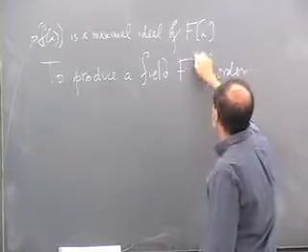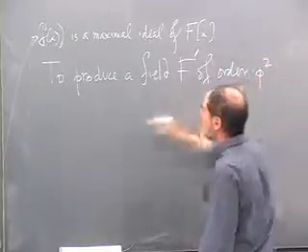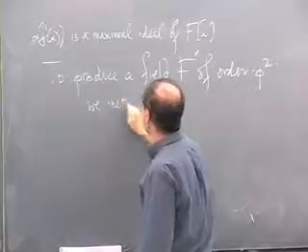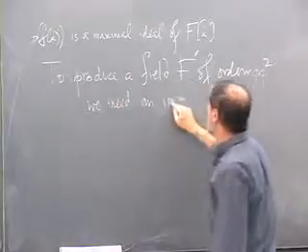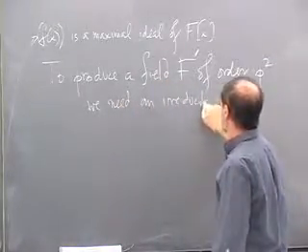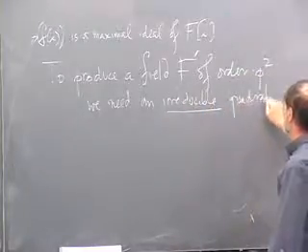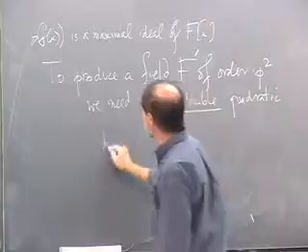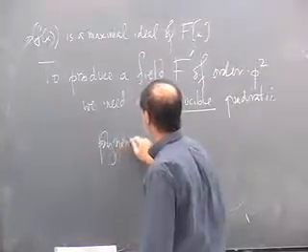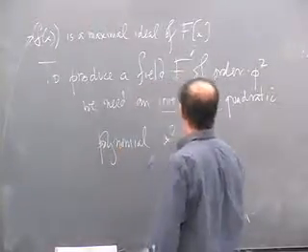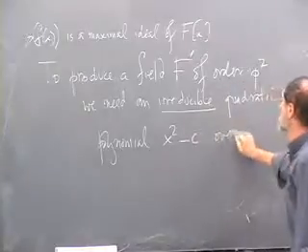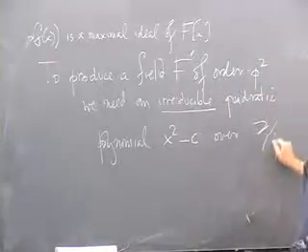we wanted to produce a field of order p squared, let's call it F prime of order p squared, we need an irreducible quadratic polynomial x squared minus c over the field of p elements.